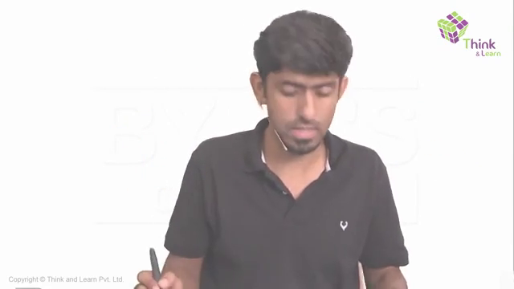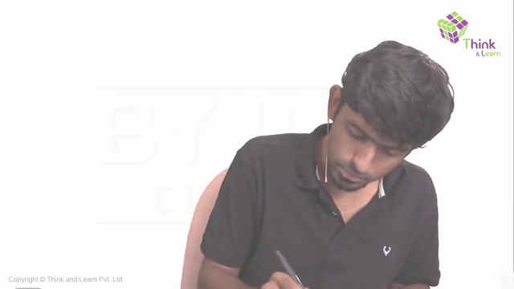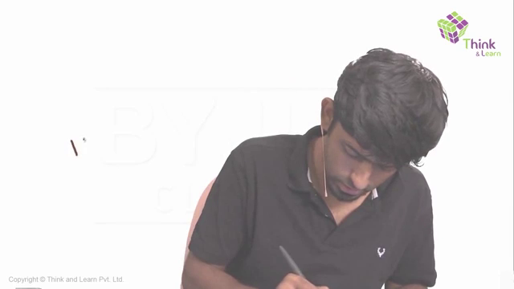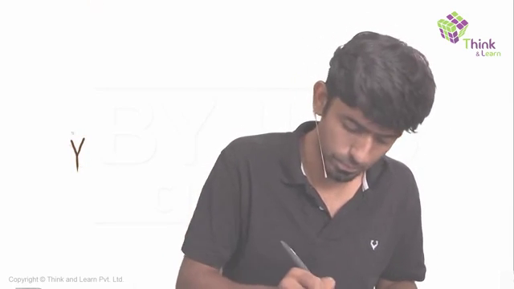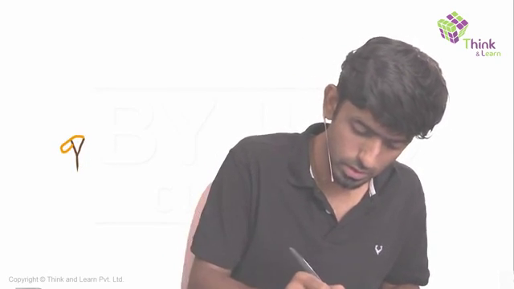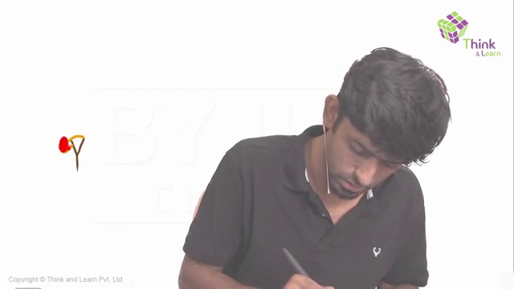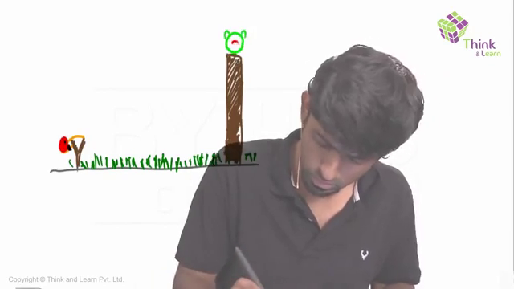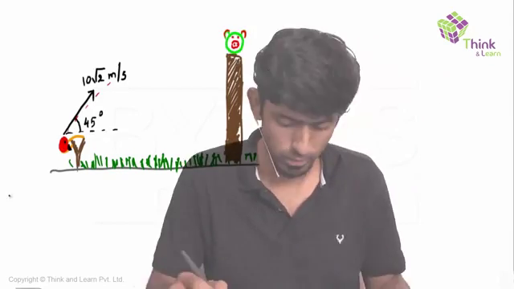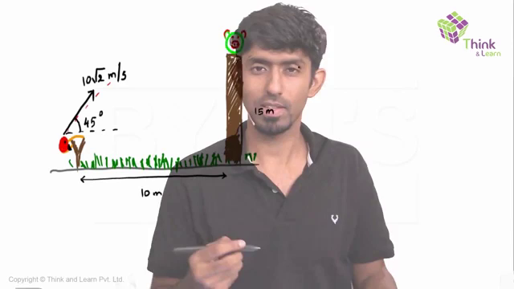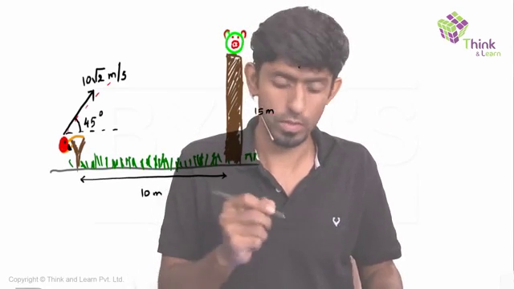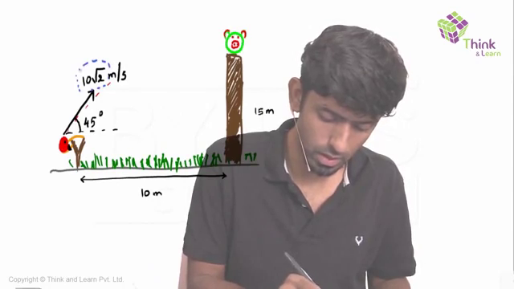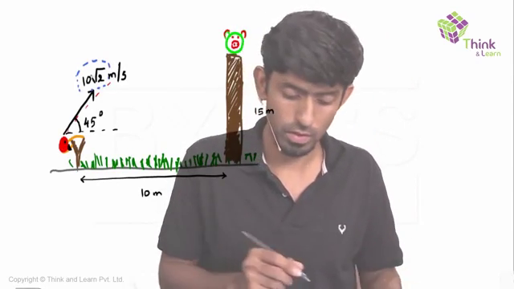Now you'll notice how easy this is. Let's say I have my familiar Angry Bird scenario. So I'm launching an Angry Bird. So you can see over here, the Angry Bird is being thrown with a velocity of 10 root 2 meter per second at an angle of 45.